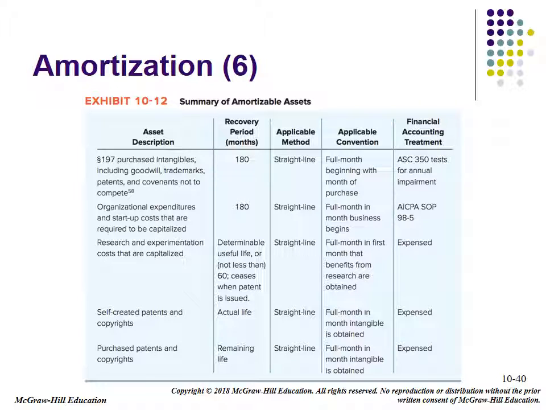So one more time, Section 197 intangibles are things like goodwill, trademarks, patents and covenants not to compete. Organizational expenditures and startup costs are capitalized and expensed over 180 months as amortization. Research and experimentation costs are either immediately expensed or deducted over 60 months or less.